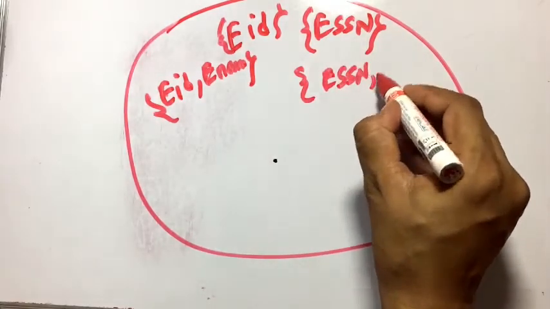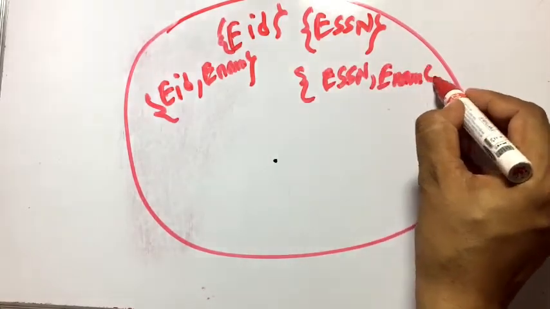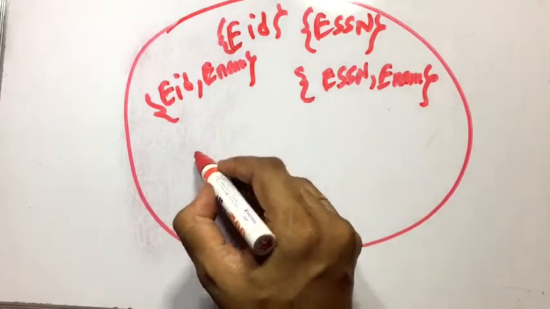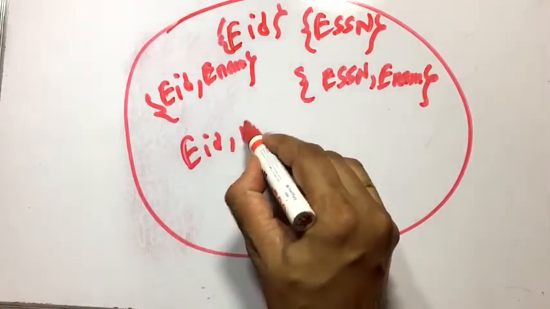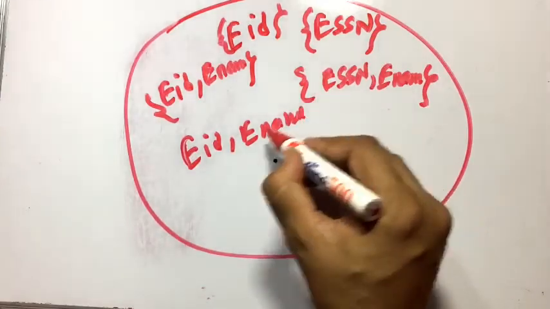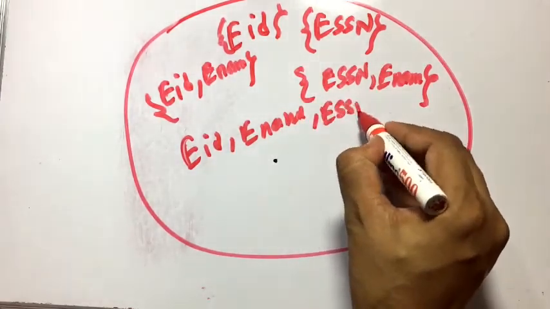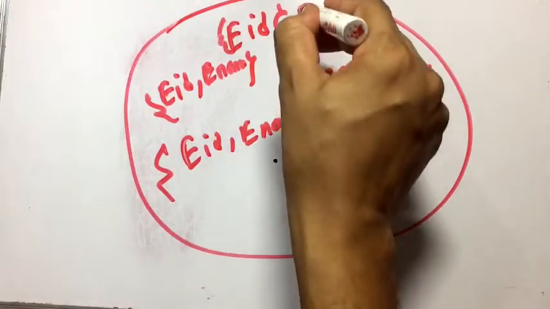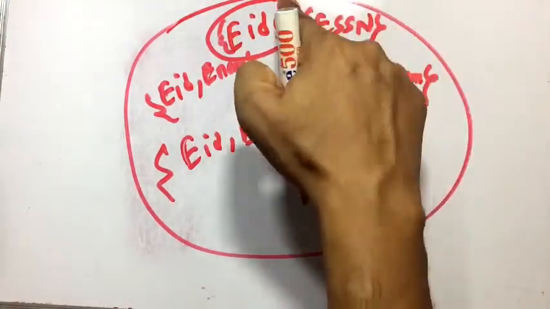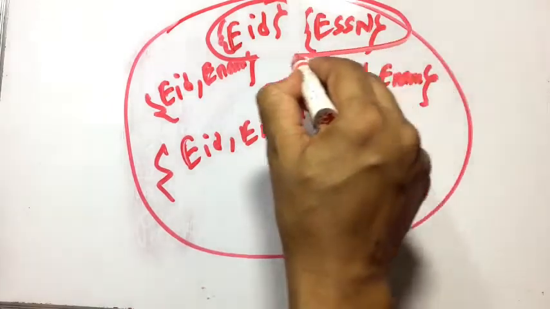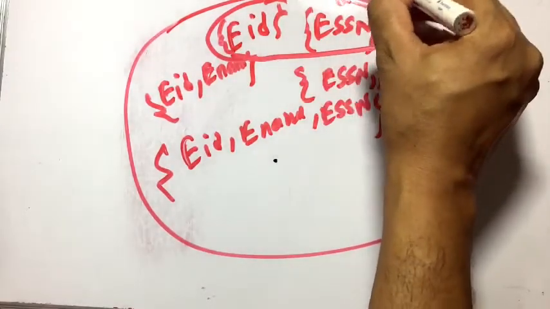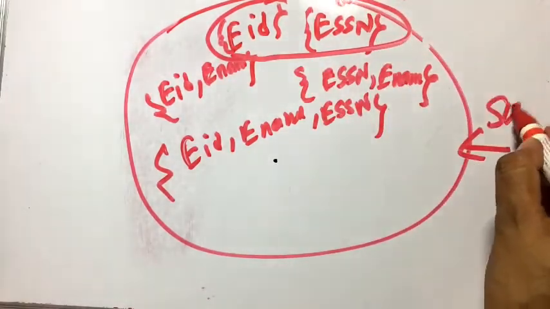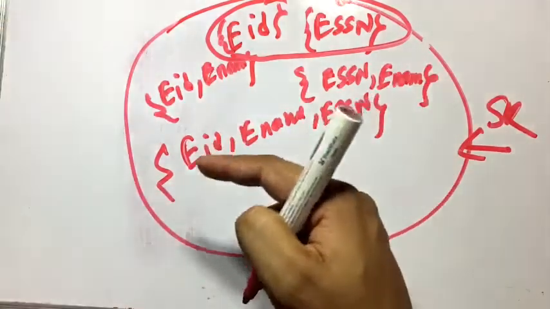ESSN and e-name is a super key. So these are super keys. Among all super keys, EID and ESSN are candidate keys. This is SK, this is candidate key.